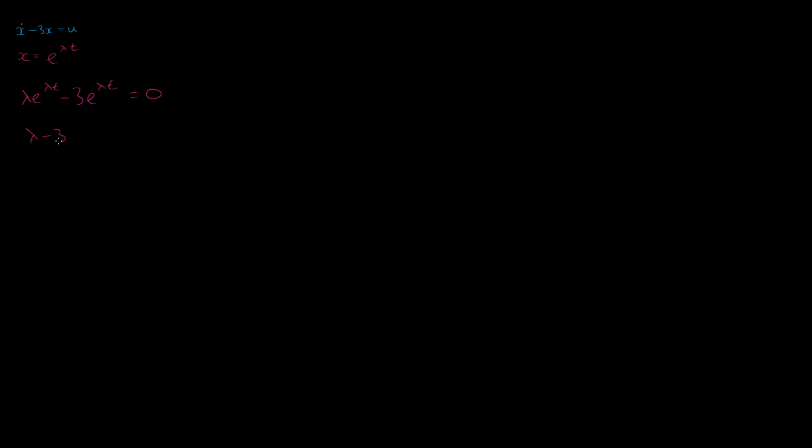Collect terms, so e to the lambda t times lambda minus 3 is equal to 0, and so we can see that our eigenvalue or our pole of the system is equal to positive 3.